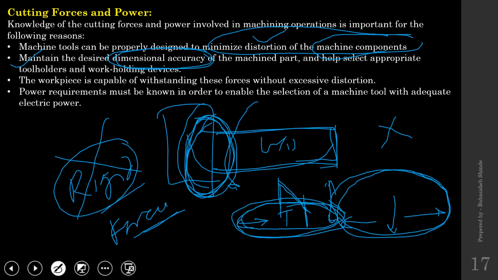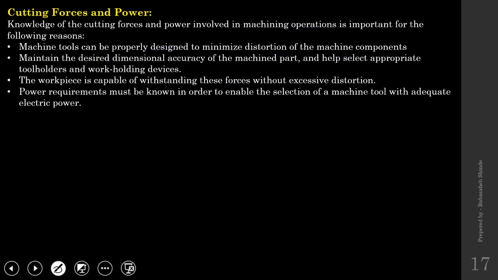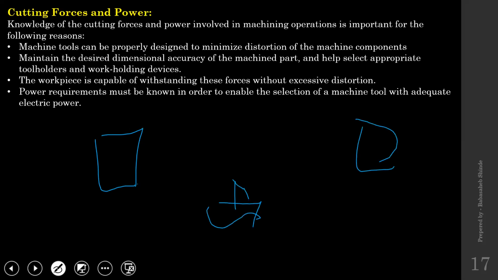Now, third. The workpiece should be capable of withstanding these forces without excessive distortion. Now, this comes into the picture when, suppose this is a headstock, this is a tailstock, and somewhere here there is a tool holder, and you are going to machine a component.